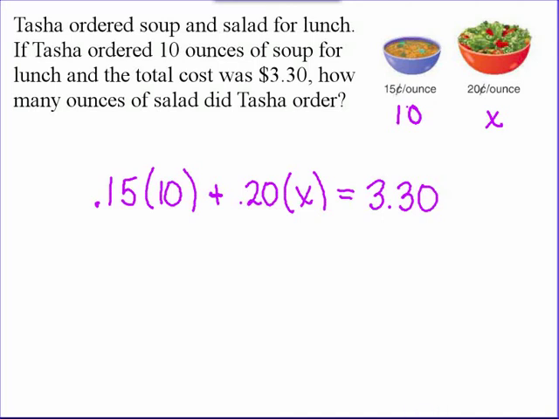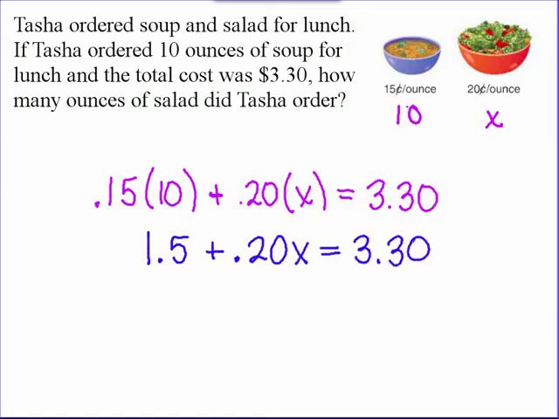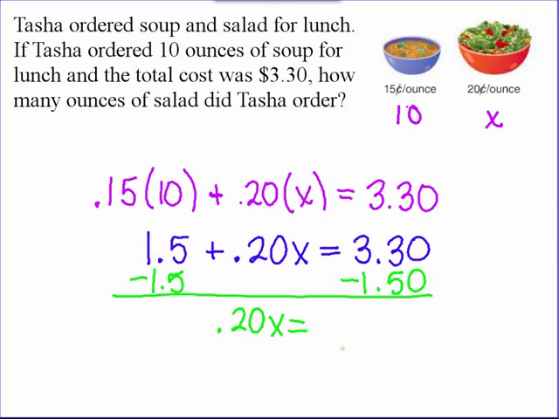So let's go ahead and distribute. What is 0.15 times 10? 1.5, $1.50. So then to solve that, what do I need to do next? Subtract 1.5. And on the left side, I am left with 0.20x equals what? $1.80.